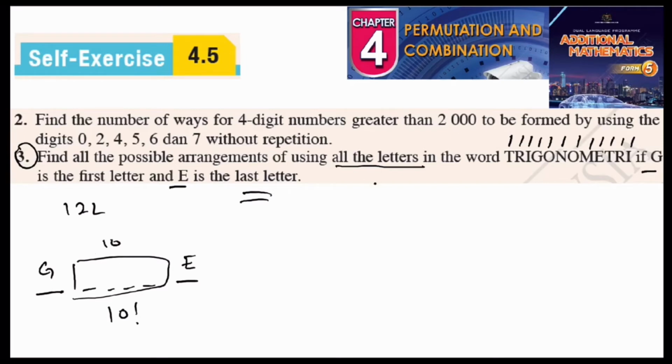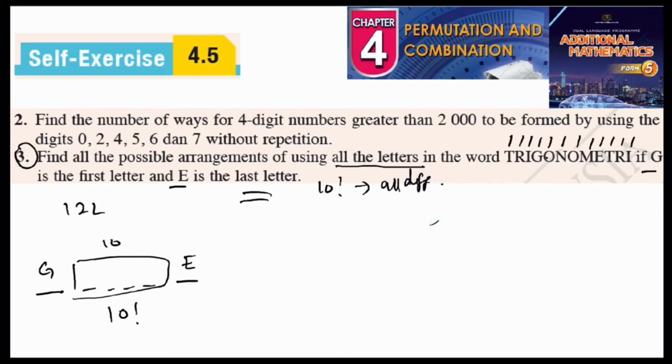So let's focus on the identical letters, because we need to divide by how many of the identical letters there are. To arrange all 10 in different ways, we have 10 factorial ways.